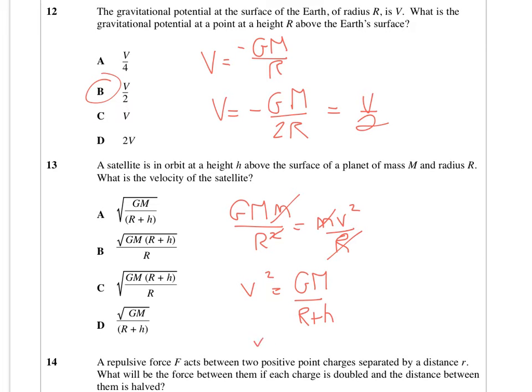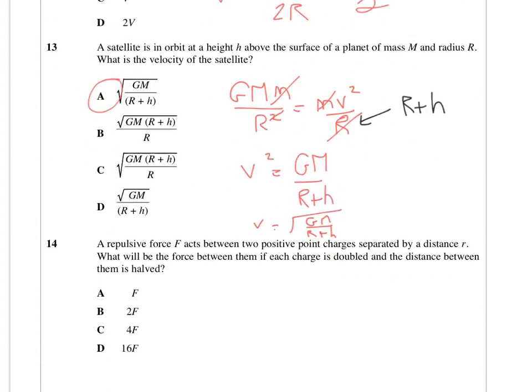So v is going to be the square root of GM over r plus h, which is expression A. The key thing here is for the radius in the force equation and the circular motion equation, it would need to be the radius of Earth plus the height above the Earth's surface. So that's why you should have r plus h. Okay, so let's scroll down.